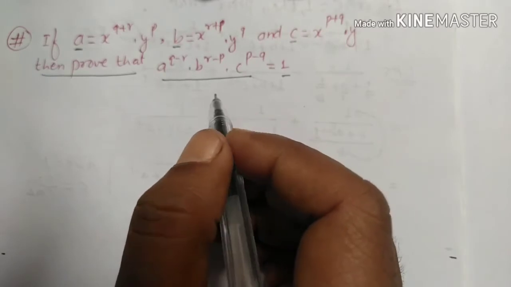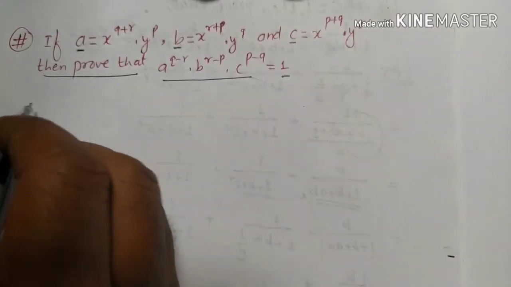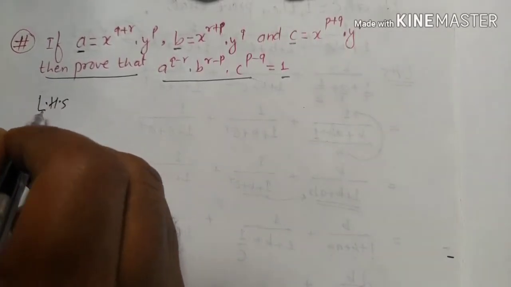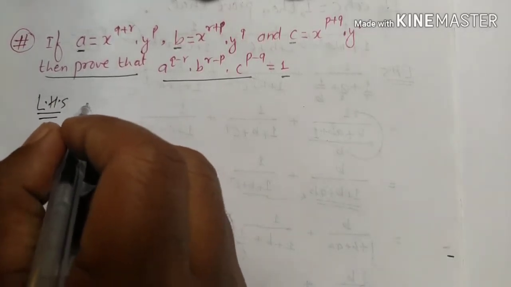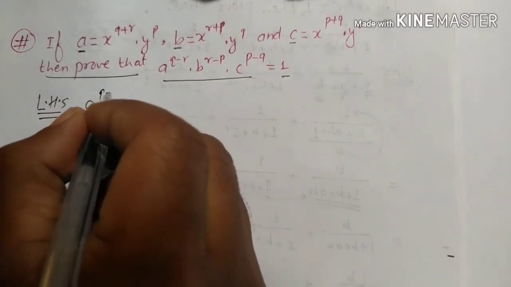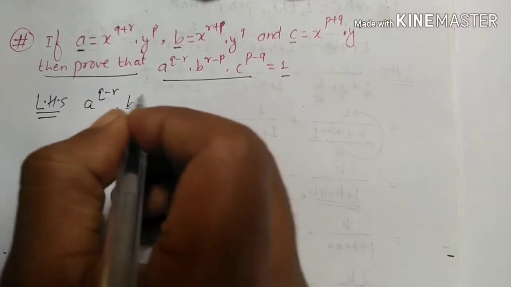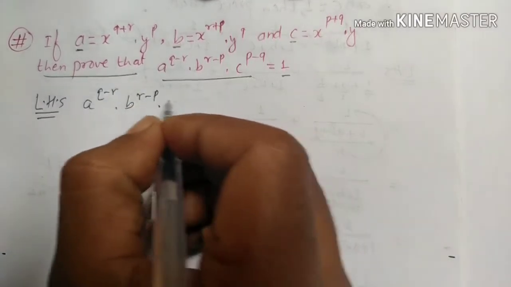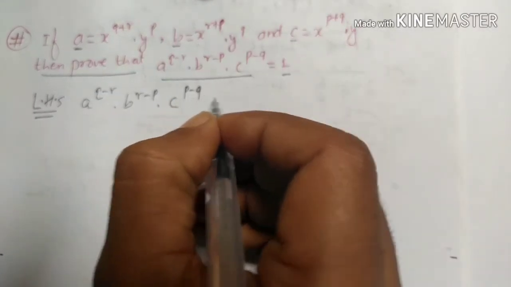In order to solve this question, we should take the left hand side, which is LHS, given by a power q minus r times b power r minus p times c power p minus q.